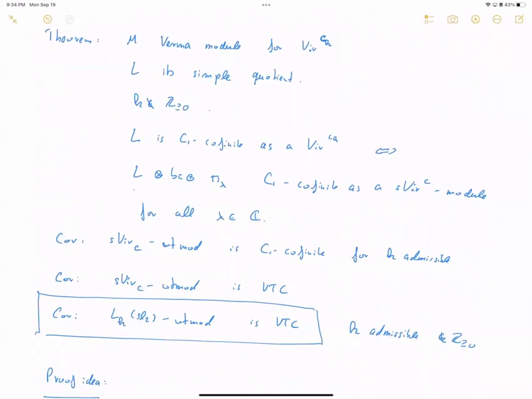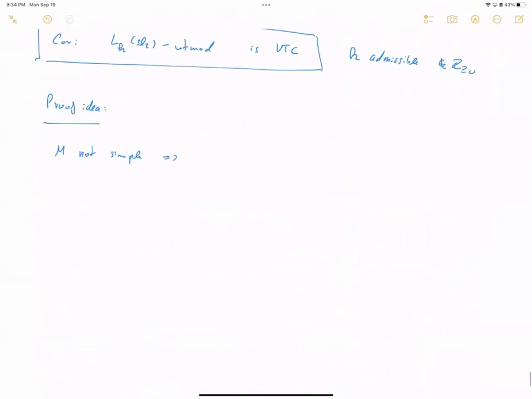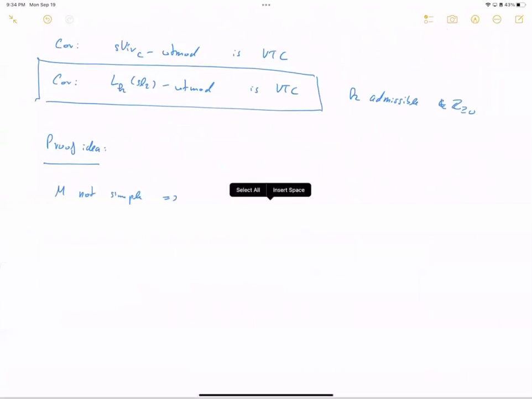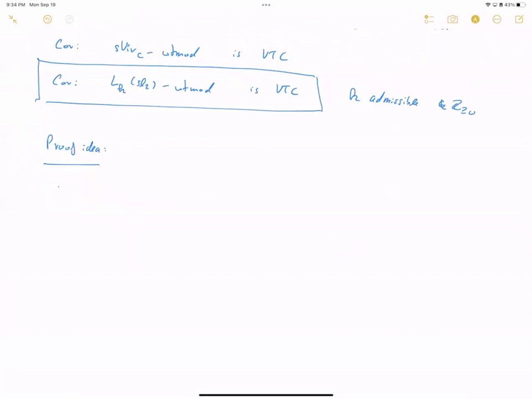So we take a module M of this form. We take M to be a Virasoro module times the two free fermions times a Fock module.